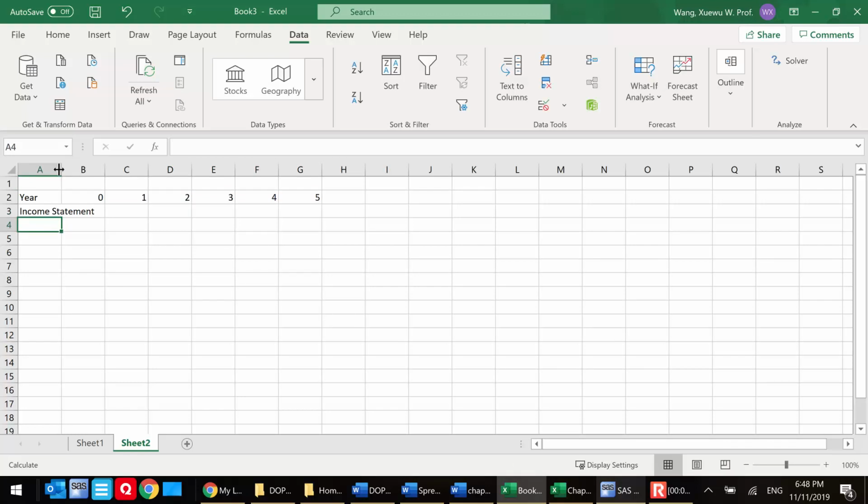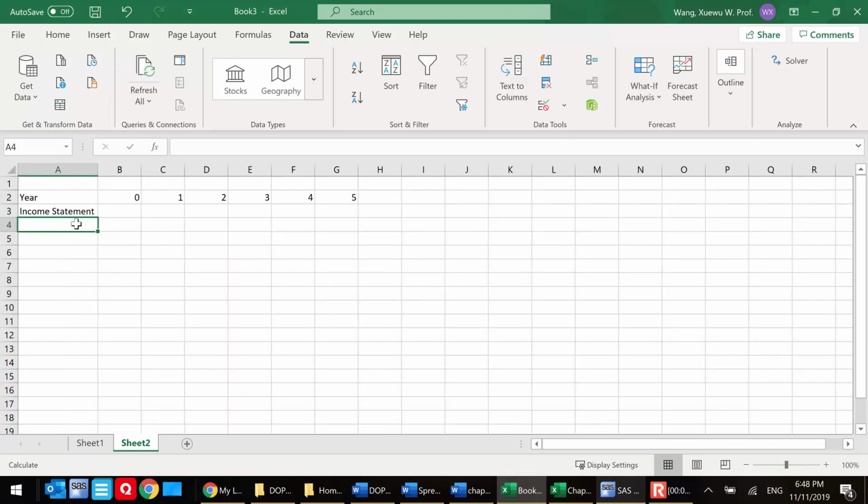And the first item is sales. For year 0, the sales is actually 1,000. It's good, we're dealing with very small numbers. And then you have cost of goods sold, and this actually is 500.